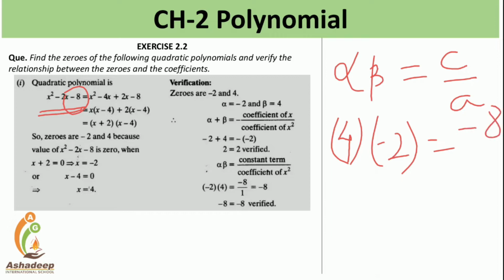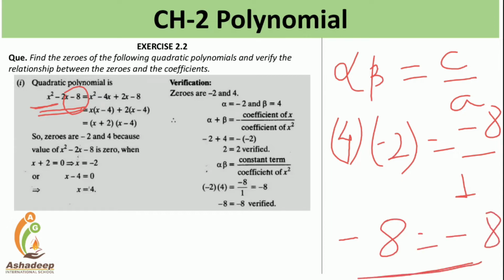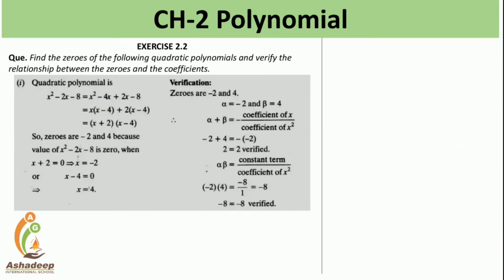So minus 8 is c. And what is a? It's the coefficient of x square, and that is 1, right? So 4 twos are minus 8. Minus 8 upon 1 is minus 8. So both are equal, right? Hence it is verified, right? It's a very simple sum. Let's go with one more sum.